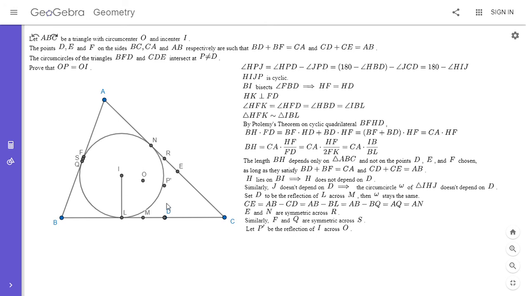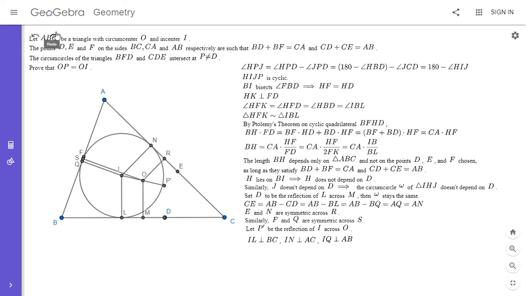It seems very easy to see visually that it has to be perpendicular to all three. Because IL and OM are both perpendicular to BC. And since D is the reflection of L across M, and P prime is the reflection of I across O, then P prime D is clearly perpendicular to BC. So I'm going to write this out. But first I'm going to draw in a few segments.